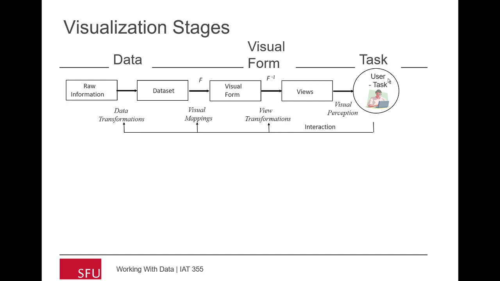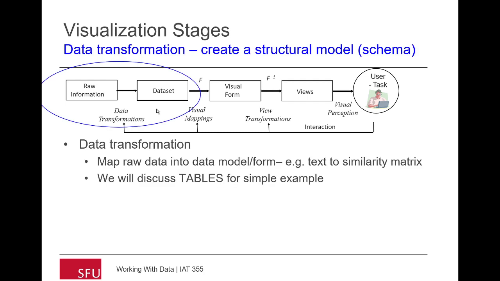And on the right, here's a user who is interested in using the system to the left and understanding the information that is being presented in the system and transforming that information, transforming the presentation, etc., through interaction to do view transformations, visual mappings, and data transformations. So let's first talk about the first stage, in which raw information is transformed using data transformations into a data set. So that's right here. The first stage is data transformation.